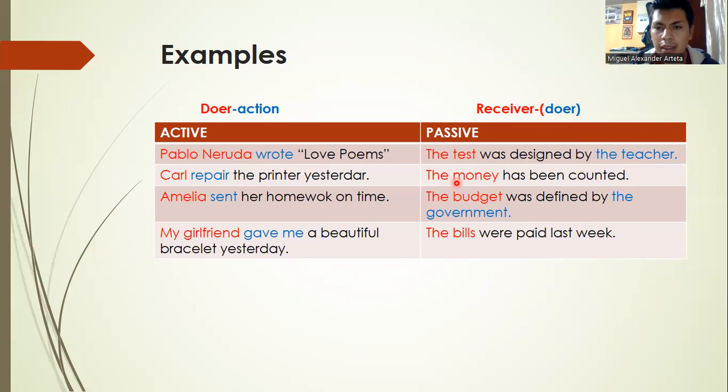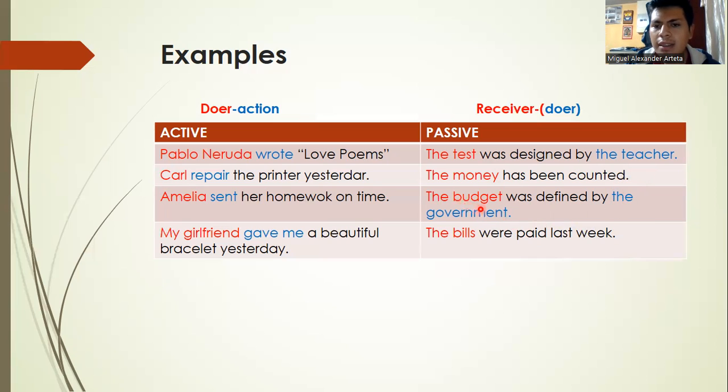So in this sentence, we don't have the doer of this action. We have only the receiver, the money. So in this case, we don't define who counts the money. Maybe the cashier, or maybe we don't know. So the most important part is the receiver, the money.